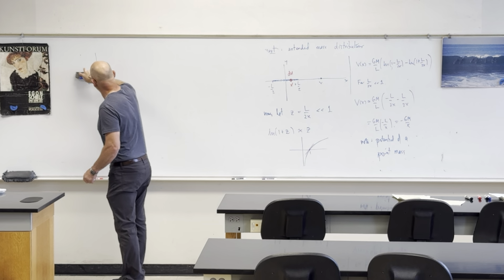So expand natural log of 1 plus z to third order, and find V of x, which we already see is going to be approximately minus GM over x, plus A over x cubed, and you'll find out what that letter A is.